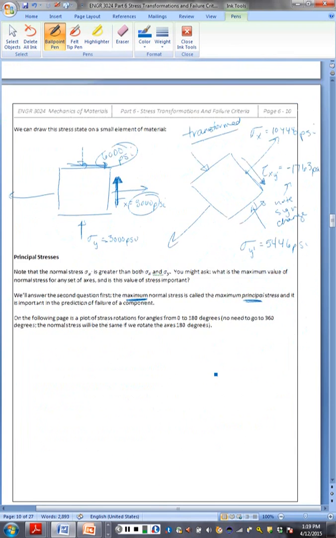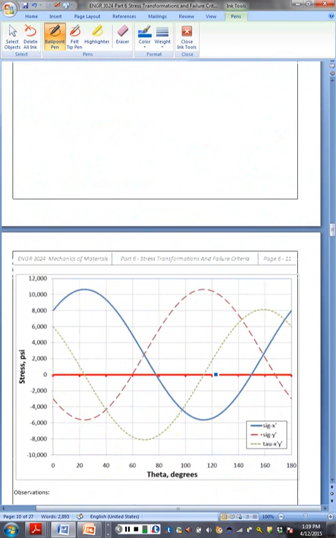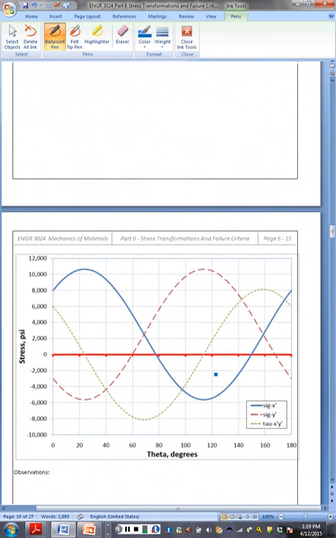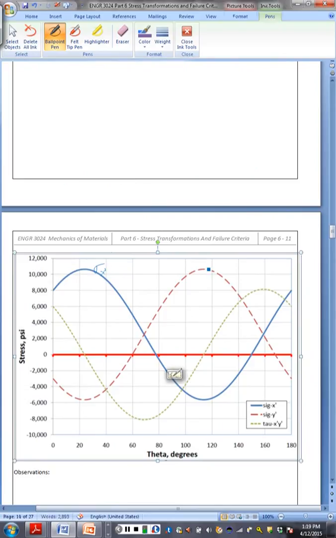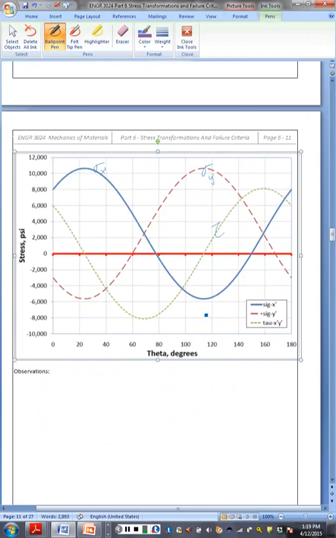So this next page, this plot, is looking at basically the transformed values of sigma x prime in the blue, sigma y prime in the red dot, and our shear in the green dot, and what happens at these various angles.